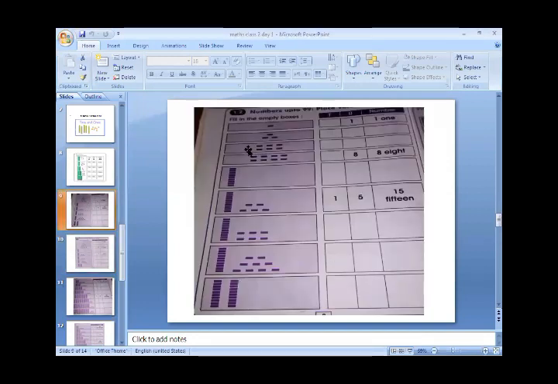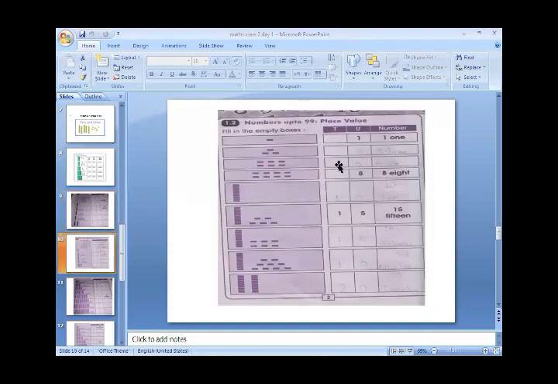In the third box, how many small units or blocks are there? Count it. 1, 2, 3, 4, 5, 6. So you will write 6 at unit place. You will write like this: 6 at unit place.